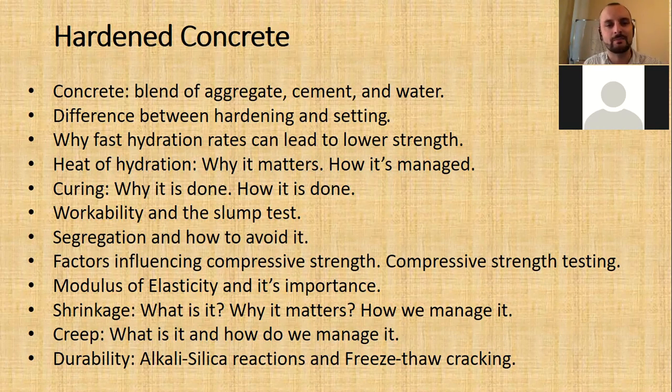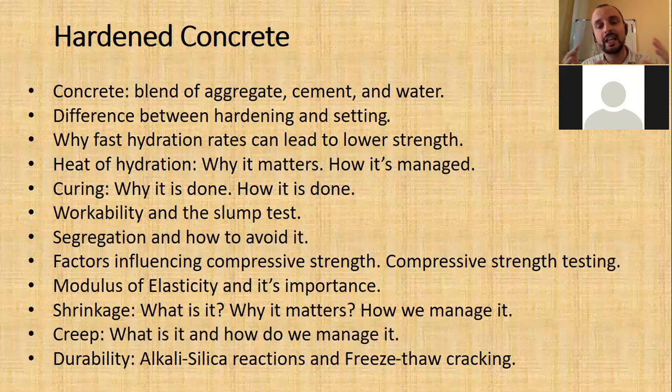Now, a lot of people think of that as being hardening because it is getting harder, which kind of makes sense. But hardening is actually something that happens after the concrete has set and gone solid. Basically, over time, even though the concrete is now solid, there are still cement and water molecules reacting inside it. And this could be happening for weeks, months into the future.